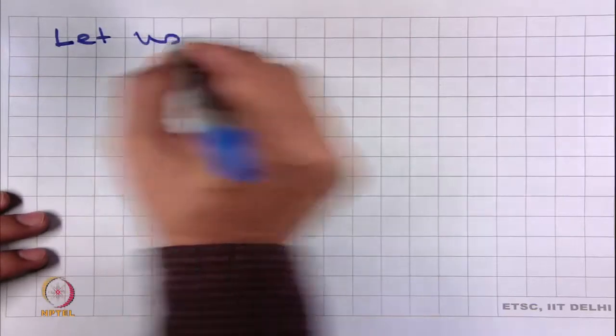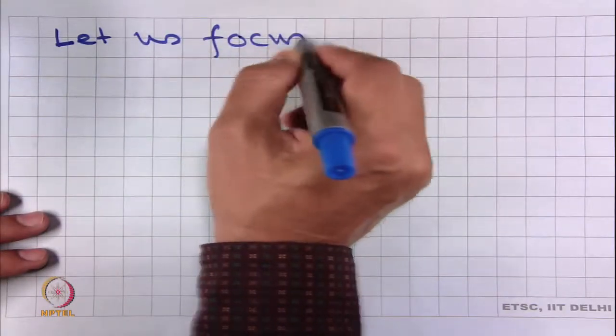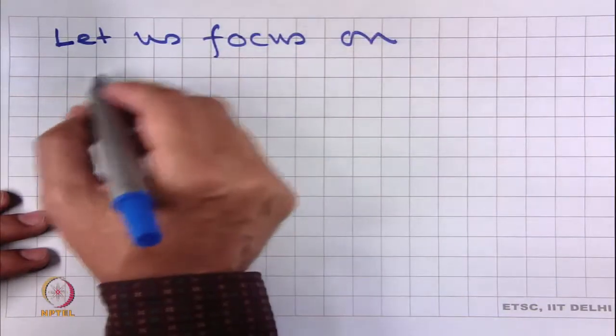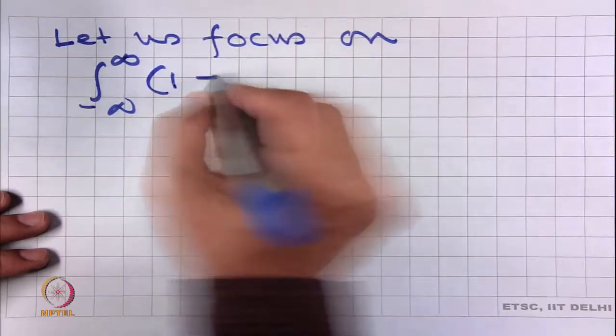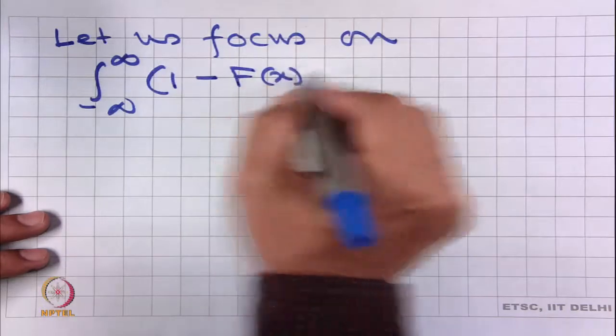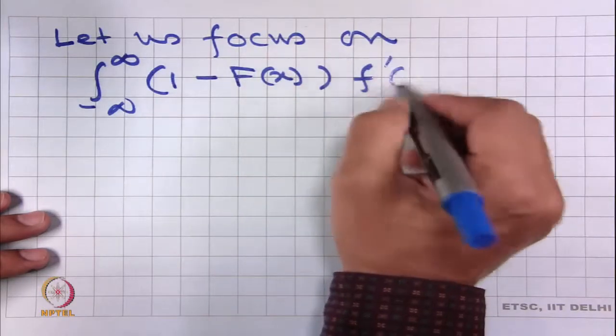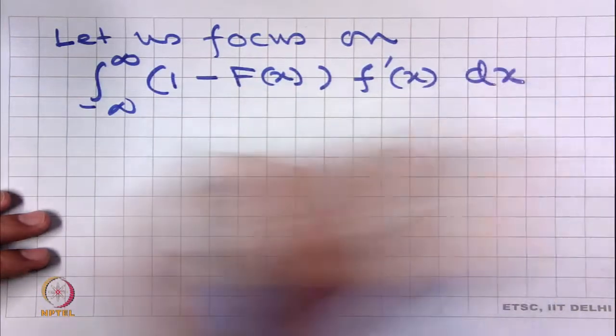So, let us focus on integration minus infinity to infinity of 1 minus F x into f prime x dx.